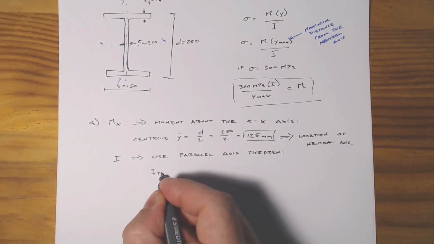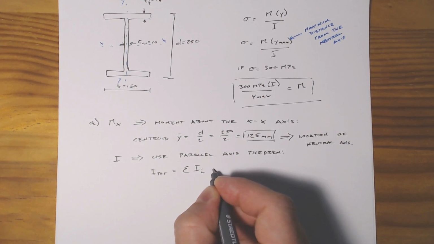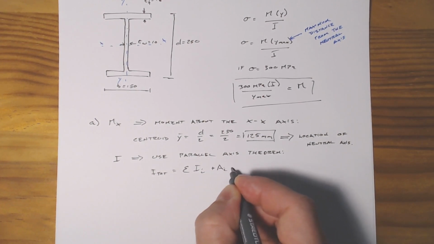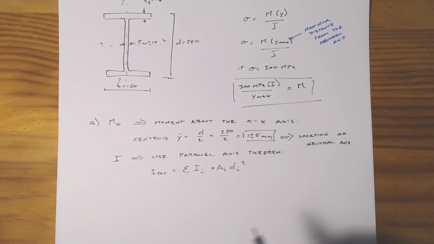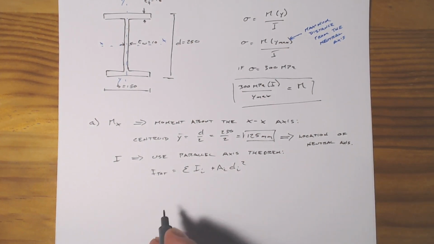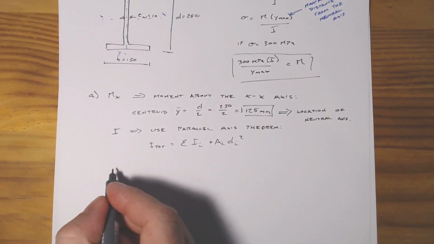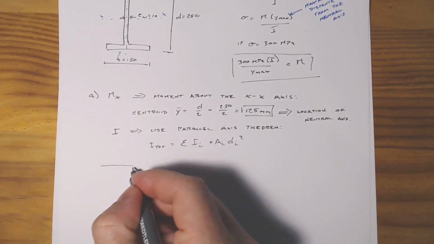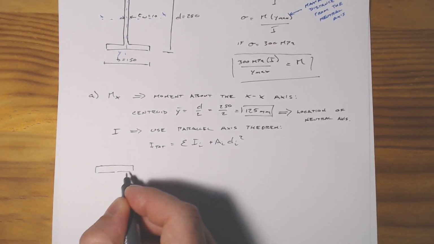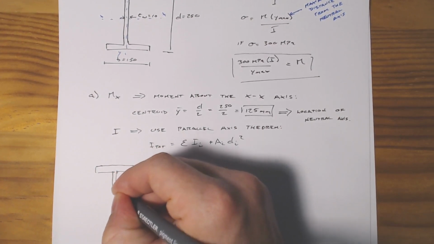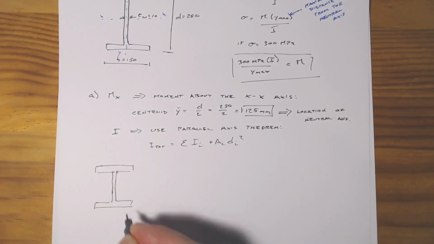In which I total is simply going to be the sum of I sub i plus A sub i d i squared. So our moment of inertia is effectively going to be this I section, and we can break it out into some smaller constituent pieces. We'll draw this out graphically first, because I always find that's helpful.